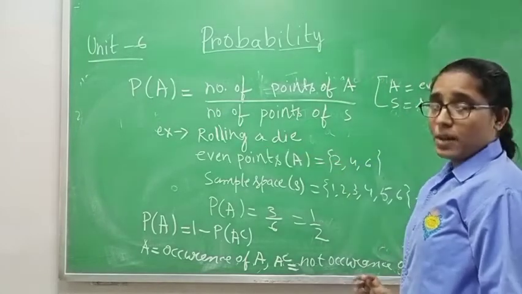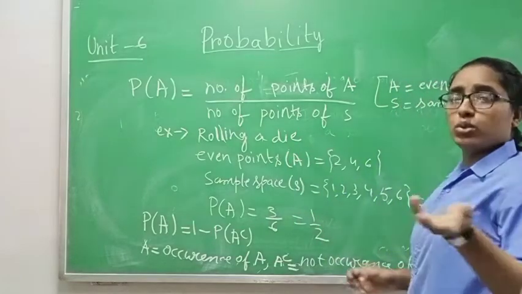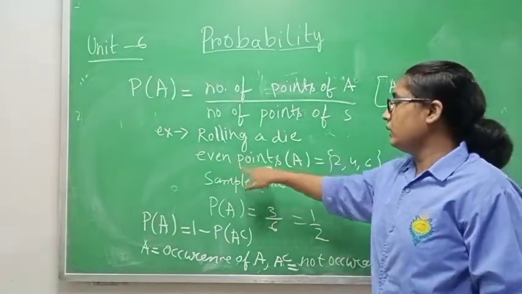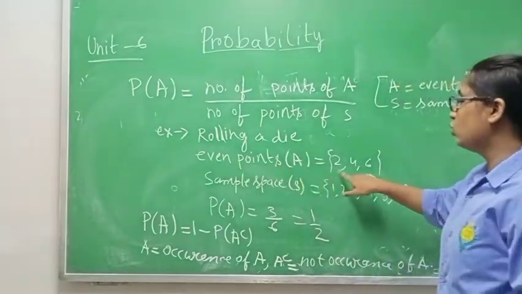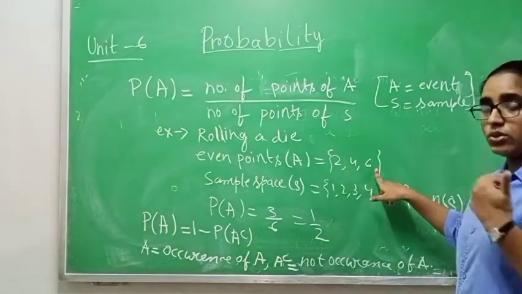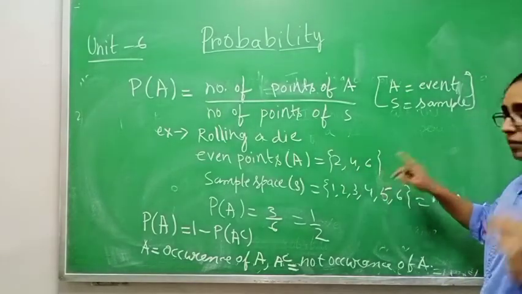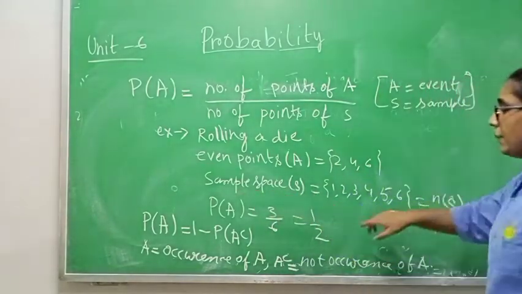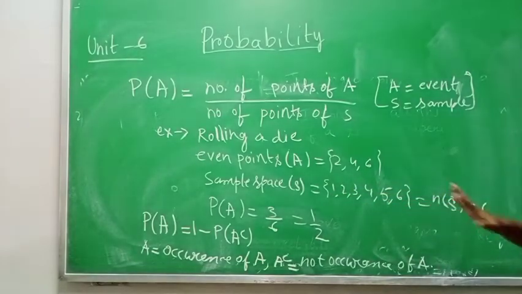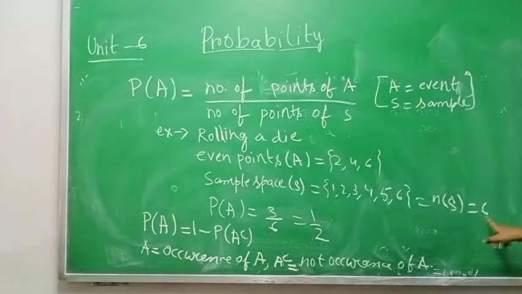I am taking one example: rolling a die. When you roll a die, the even points A equal 2, 4, 6, because in a die there are numbers 1 to 6. 2, 4, 6 are the even numbers, so n(A) equals 3. And in the sample space, how many points do you have? 6, because in a die you have 1 to 6 points, so n(S) equals 6.